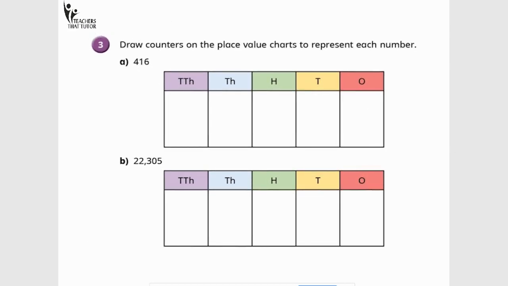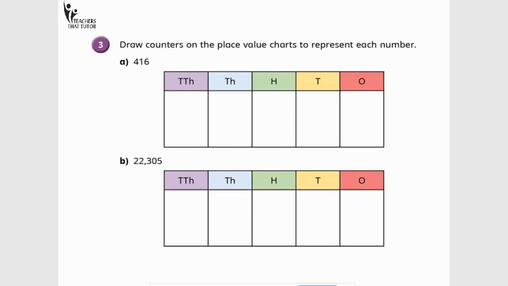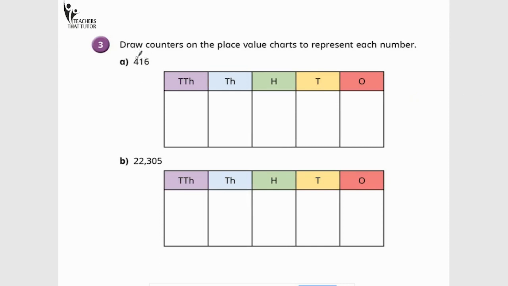This time, just a different variation on that same question. We're giving the number, but it's asking us to draw the counters in. So let's see if we can have a go at this. Starting now, we need to recognize we've got 3 digits: hundreds, tens, and ones. How many ones do we have? We have 6. That means I need 6 counters in the ones column.